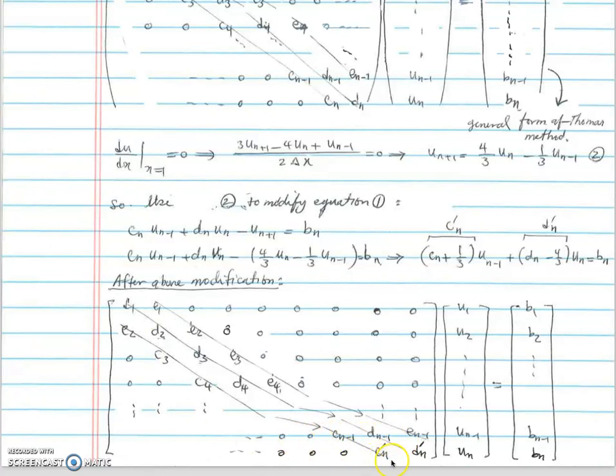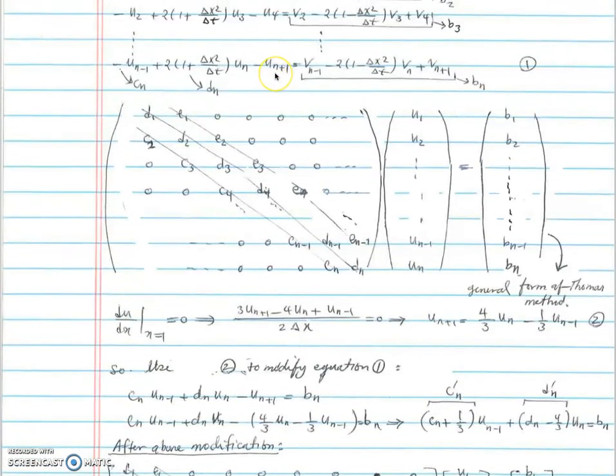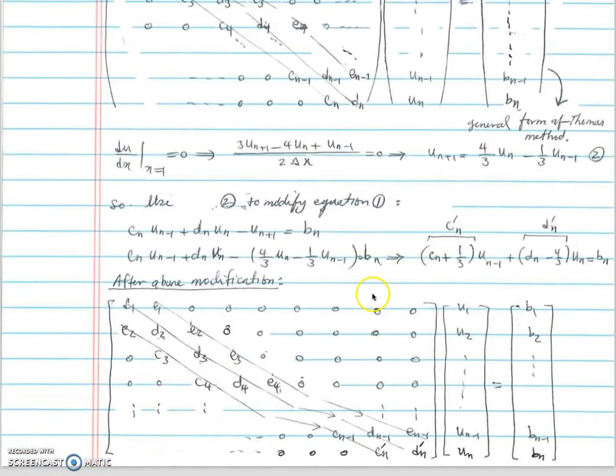Instead of having Cn and Dn, I have Cn prime and Dn prime. And note that I got rid of the un plus 1 variable. So I do not have un plus 1 anymore. Now, this system can be solved using Thomas method, because there's no C1 here and there's no En there. This is pretty much exactly what I needed. N variables on the diagonal, n minus 1 on the off diagonals. So that is the trick of using the boundary condition to get rid of un plus 1.